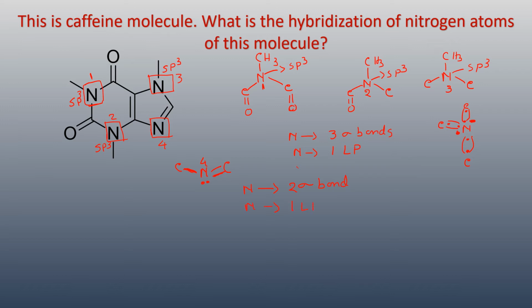So here nitrogen has 3 hands, which means this nitrogen is sp2 hybridized. So here 2 different types of nitrogens are present in the caffeine molecule. Those 3 nitrogens, 1, 2, 3, are sp3, and the nitrogen which we have written as nitrogen 4 is sp2 hybridized.